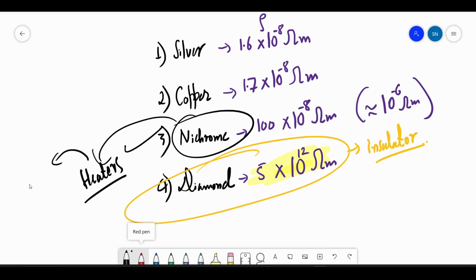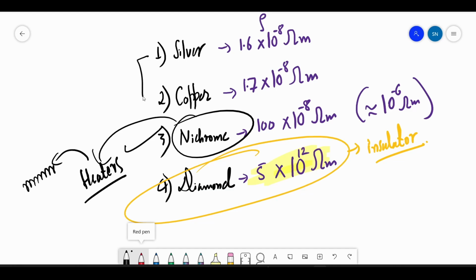Heater, radiator. So those coils, they are made up of nichrome. Because of their high values of resistivity, whenever electricity passes through them, they produce a large amount of heat. That's another law that's called Joule's law of heating. We'll come to that as well.